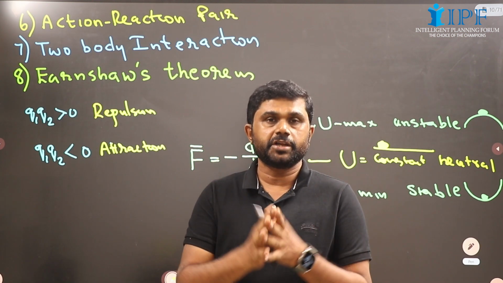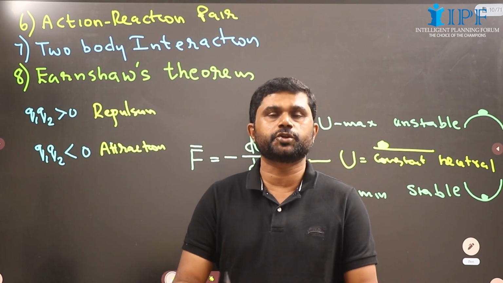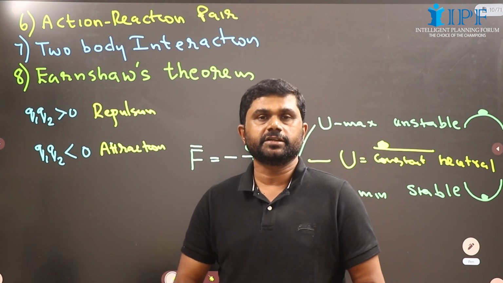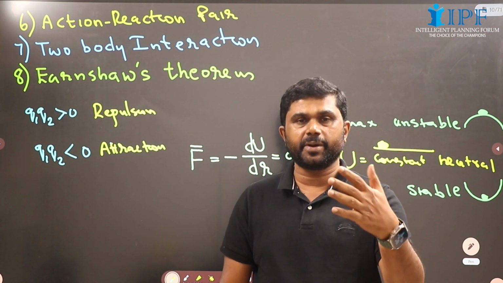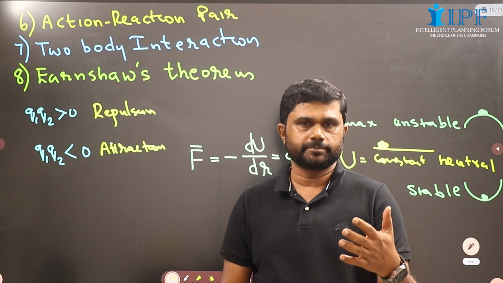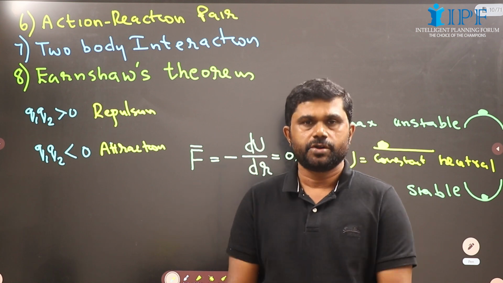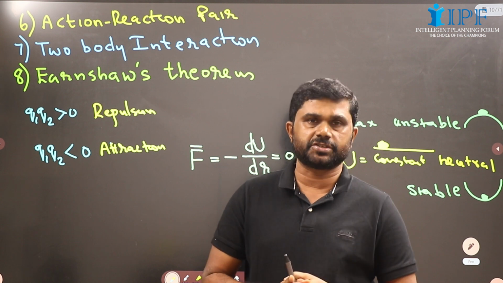Finally, I have to tell you one more thing about the electrostatic force of interaction between two charged particles. The electrostatic force is 1 by 4 pi epsilon 0 q1 q2 divided by r square, in which 1 by 4 pi epsilon 0 is positive and 1 by r square is also positive.